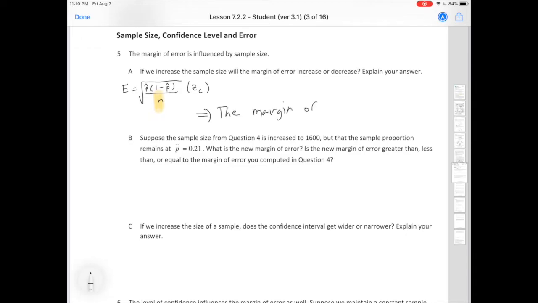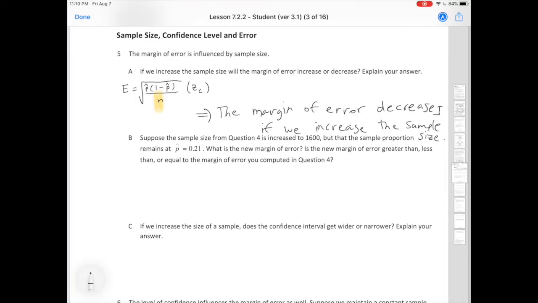So this means the margin of error decreases if we increase the sample size. By the way, this is a good thing, right? We want the margin of error to be as small as possible because that makes our estimation better and better, right? It means that we can get a really tight fit as to what the actual population proportion is, right?